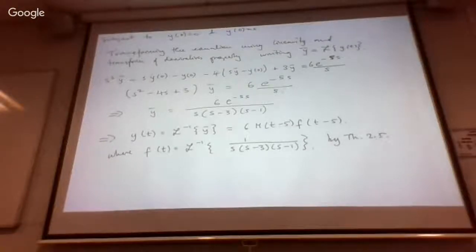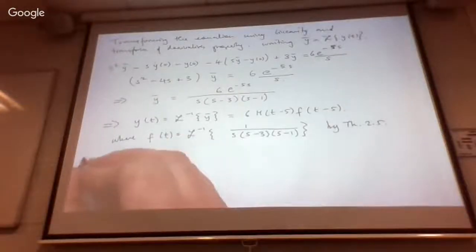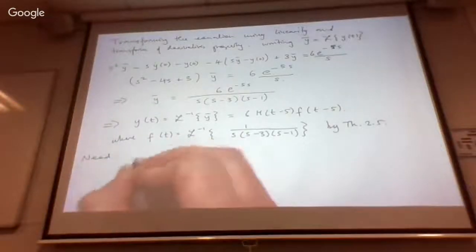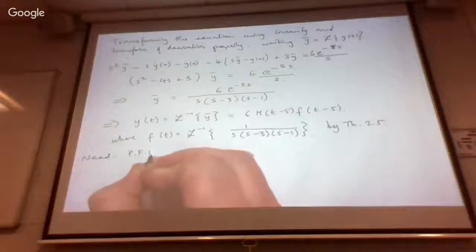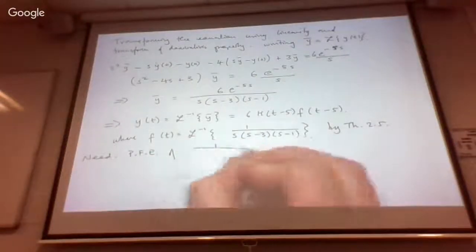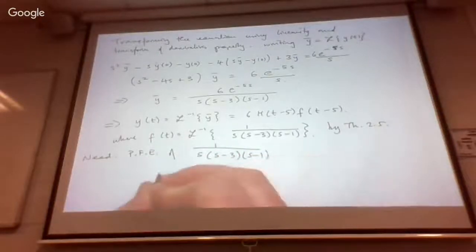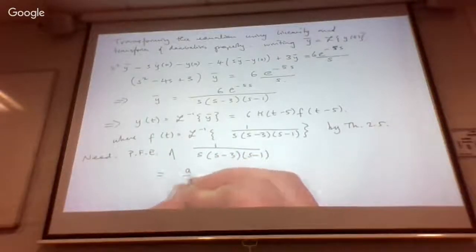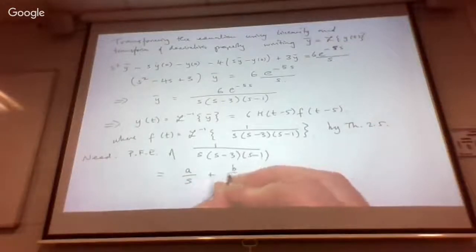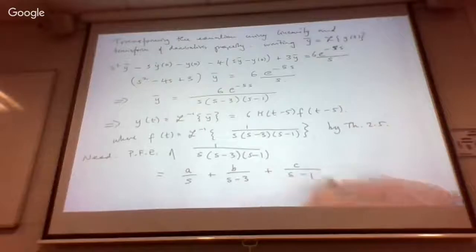So we need the PFE, partial fraction expansion, of 1 over s times s minus 3 times s minus 1. This is going to be some a over s plus some b over s minus 3 plus some c over s minus 1.